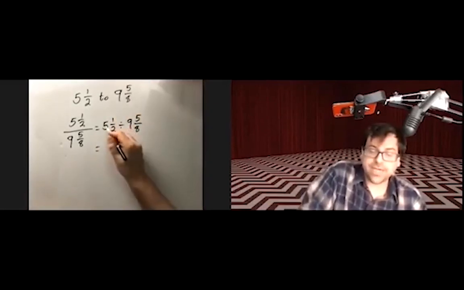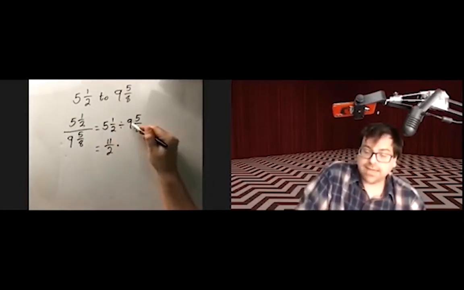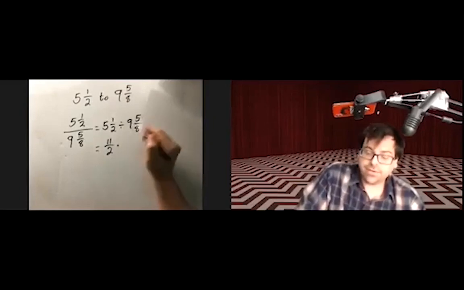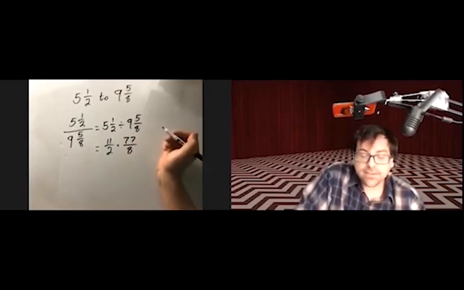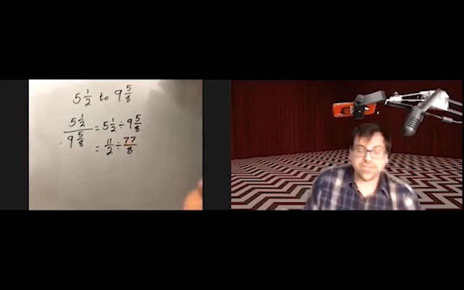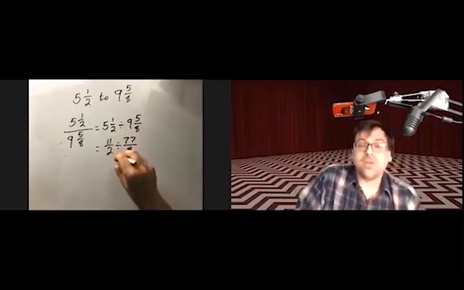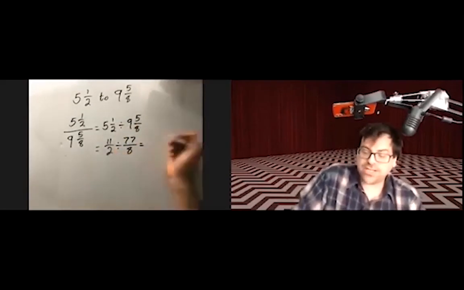So this is 2 times 5 is 10 plus 1 is 11 halves, divided by 8 times 9 is 72, plus 5 is 77/8. Oh, not times, still division. My bad. It's not multiplication until we change it in the next step.